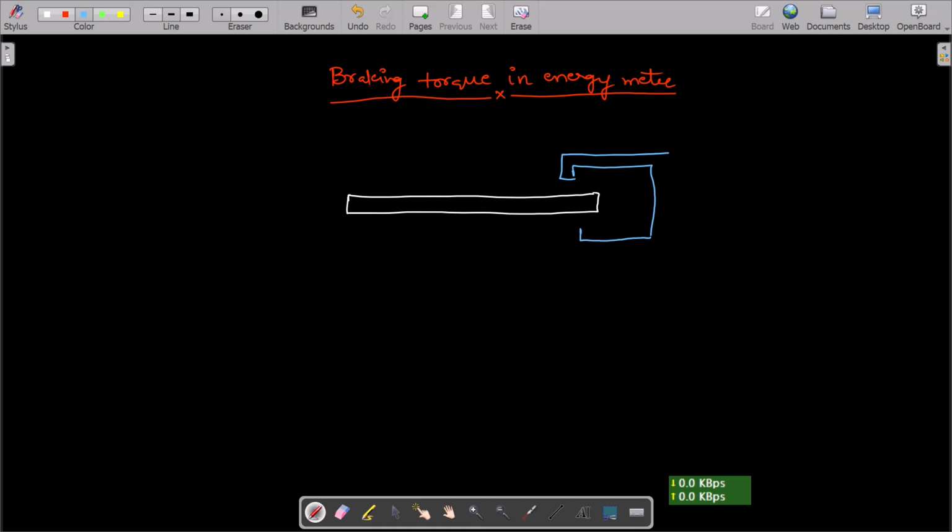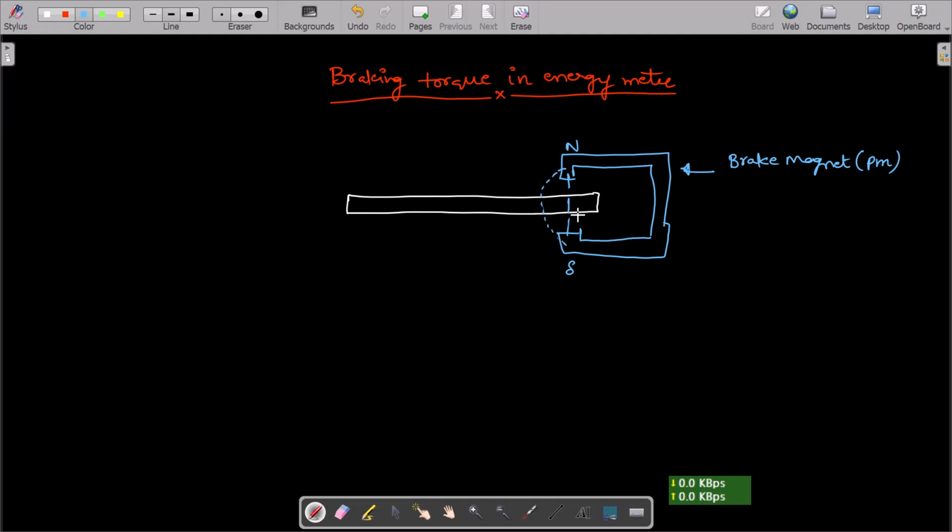It is a brake magnet, and it is a permanent magnet, and this is the north pole and this is the south pole of that magnet, and it is going to produce a flux, DC flux from north to south.